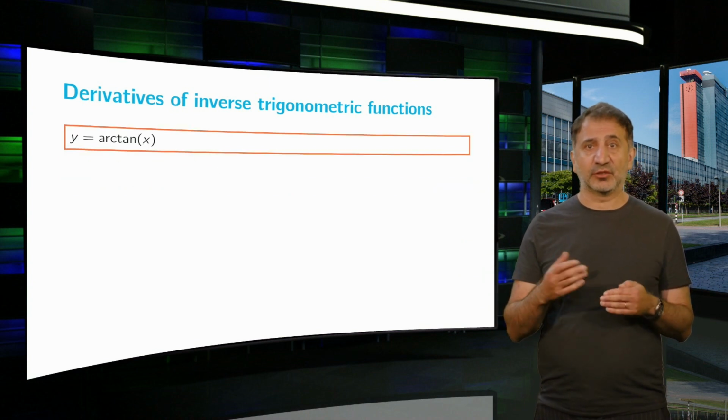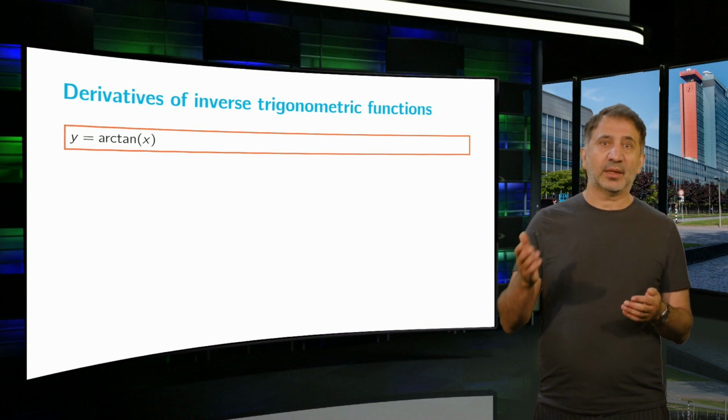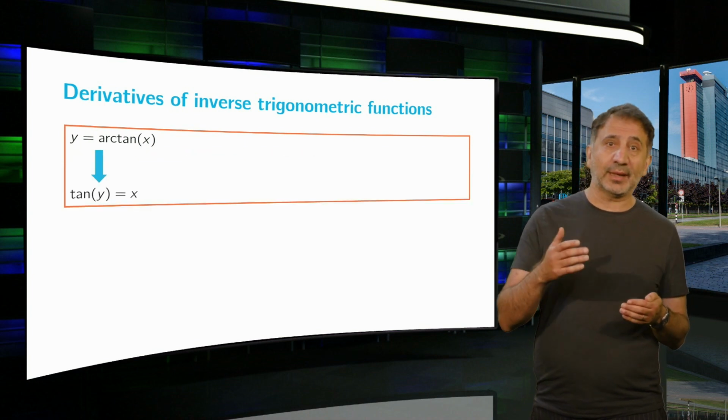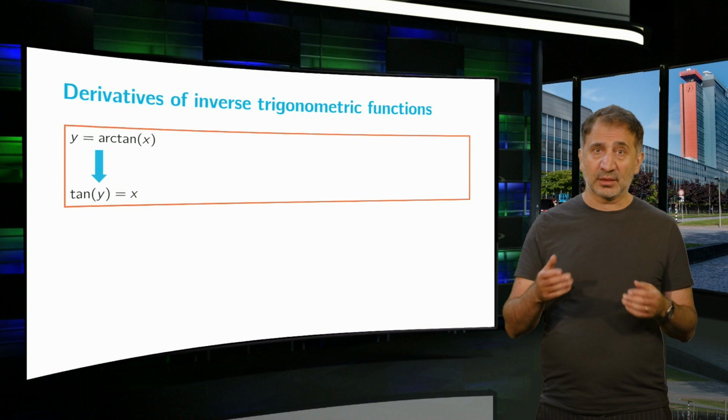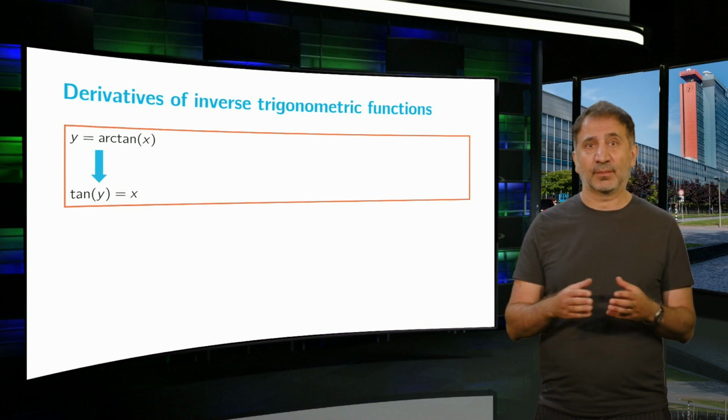Let us now find the derivative of the arctangent function. If y is the arctangent of x, we know that the tangent of y is equal to x. As in the case of the arcsine function, we now take the derivative with respect to x.